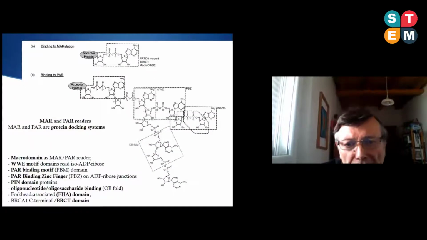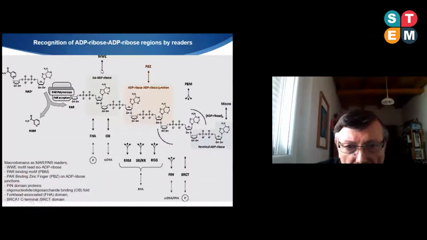This slide and the next show how the PAR readers recognize modified proteins, and for this purpose they specifically bind to these domains, and once attached have the function to form protein complexes.